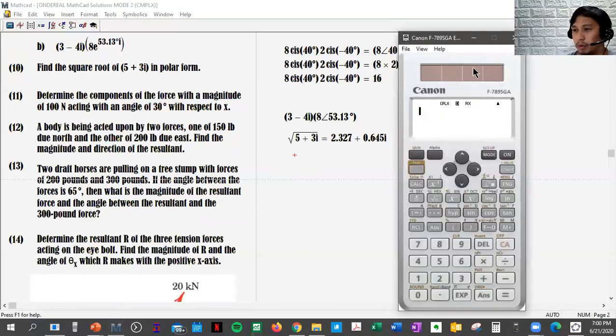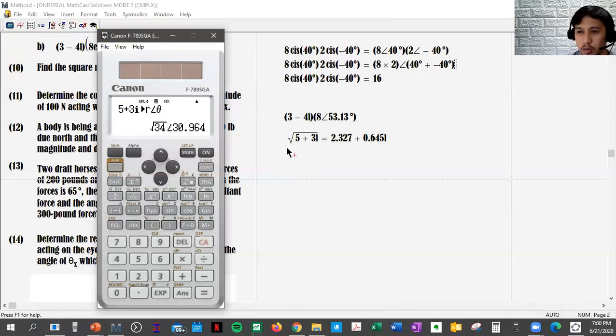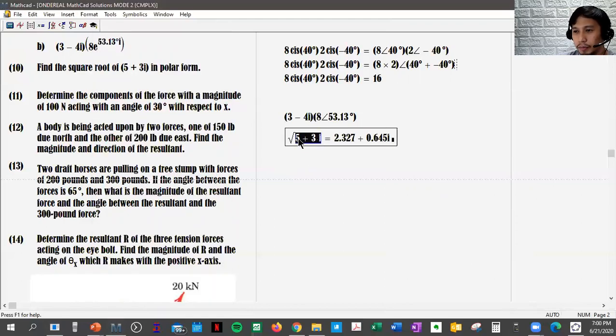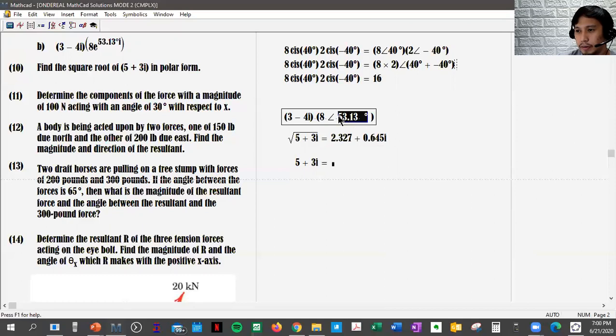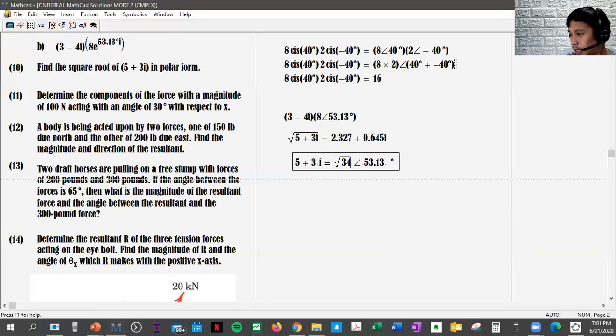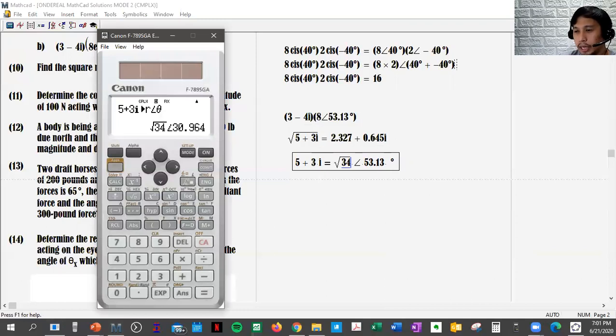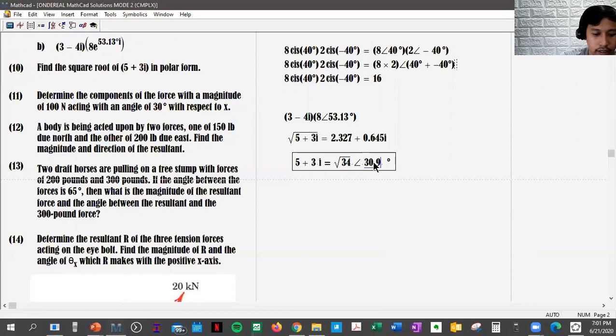So solving for its r angle theta form, 5 plus 3i, that is equal to square root of 34 angle 30.964 degrees.